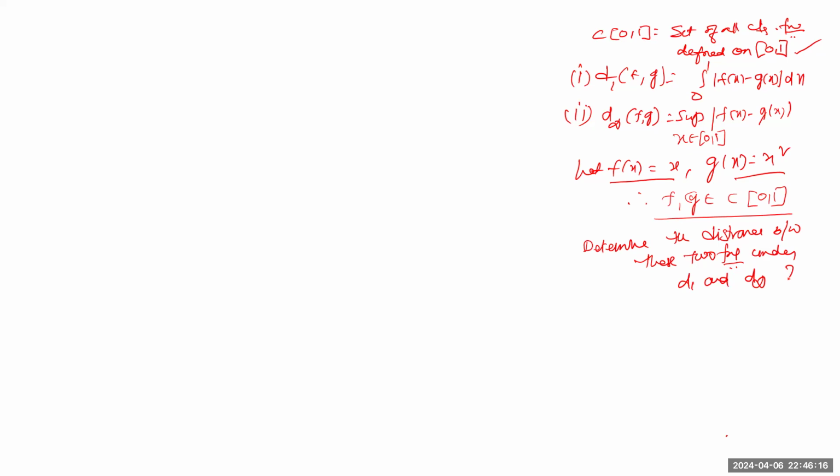So we will see what is the distance d1 of f of x comma g of x, right? First you have to think about which is bigger, x or x squared, because all values x belong to 0 comma 1.